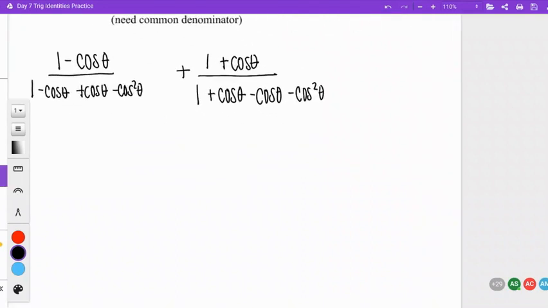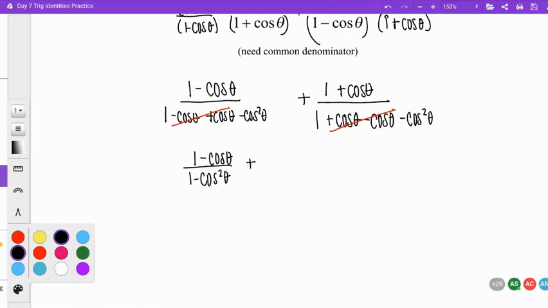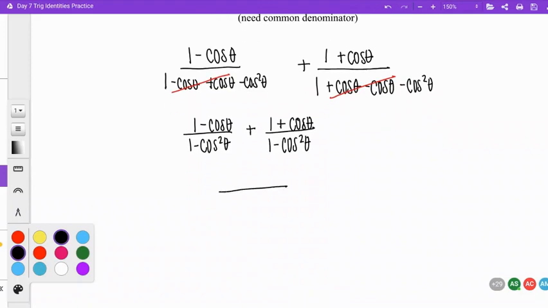So here's what's going on. If we take a look individually, these two terms cancel each other out and these two terms cancel each other out. So we're looking at 1 minus cosine of theta all over 1 minus cosine squared of theta, plus 1 plus cosine of theta all over 1 minus cosine squared of theta. When we add these together, now that they have a common denominator, we can leave the denominator the same, 1 minus the cosine squared of theta, and the numerator turns into just the number 2.